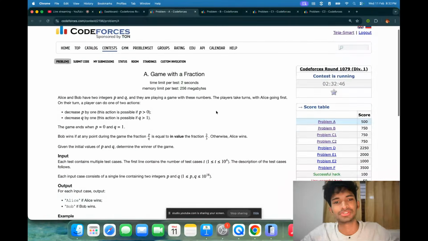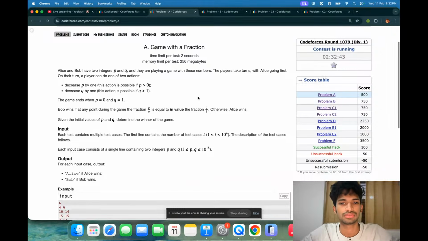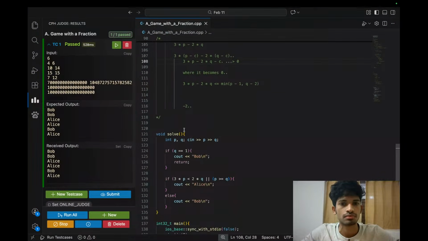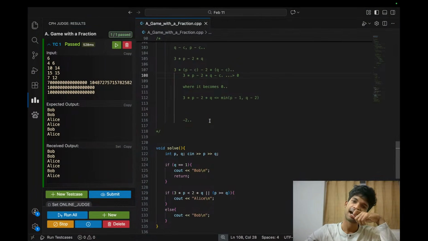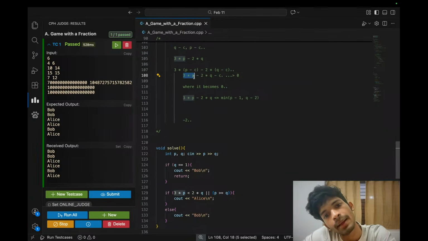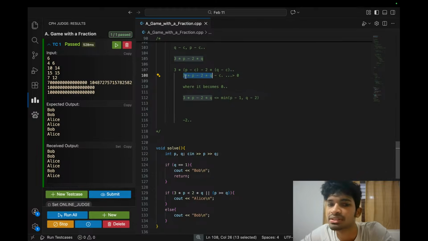I'm taking too much time on this. Why? Bob wants to reduce this value. Okay, so because it's initially 0, you can always keep it odd or even.